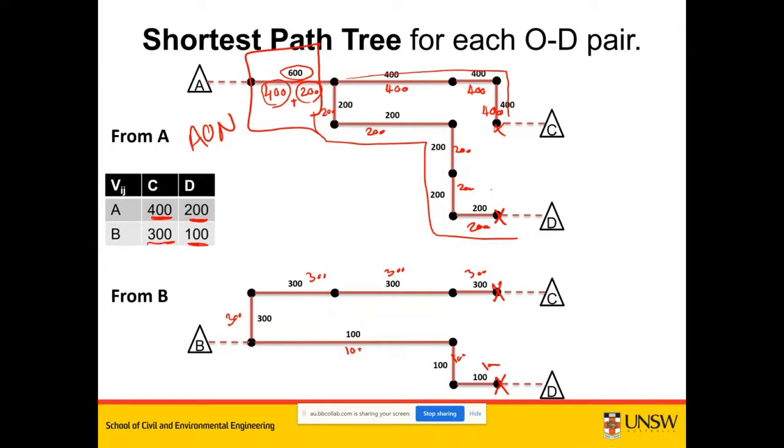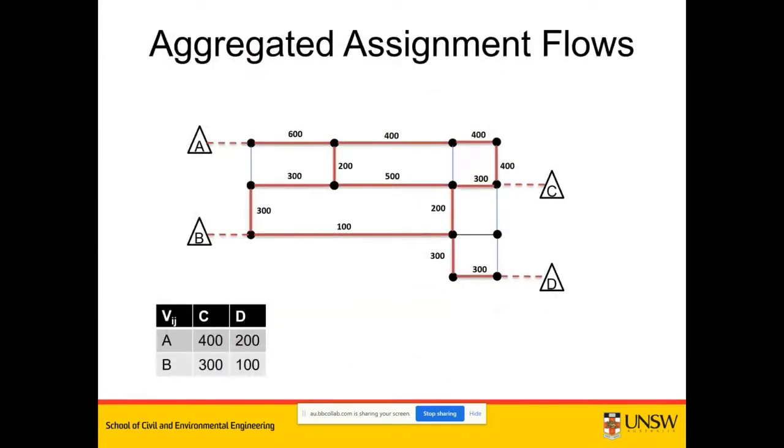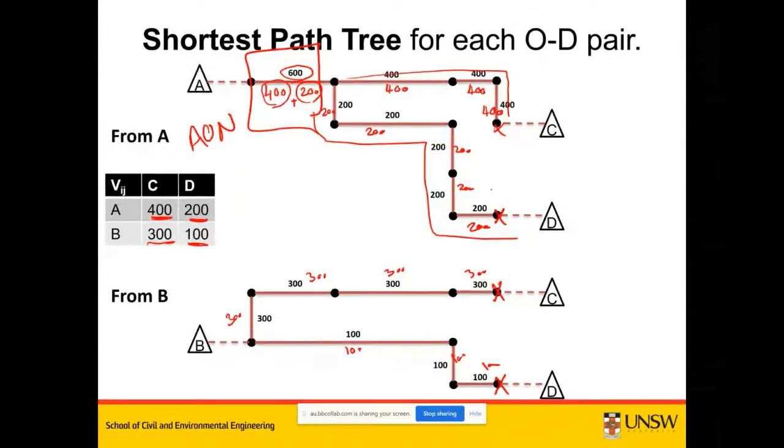And now let's combine these two and have a look at the aggregated assignment flows. If you combine all these OD pairs into a single network as it was initially, what are the link volumes? We're basically overlaying these two link volumes on top of each other.